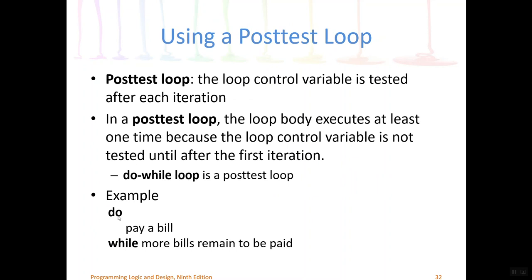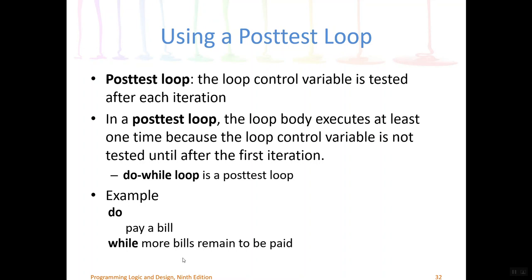Notice we have the keyword do, the body of the loop, and in this case we're being very generic and saying pay a bill. This isn't programming code precisely. We're just looking at this in a very high-level general way. Do, and then what it is we want to do, and notice the bottom of this specifies the condition, while more bills remain to be paid.